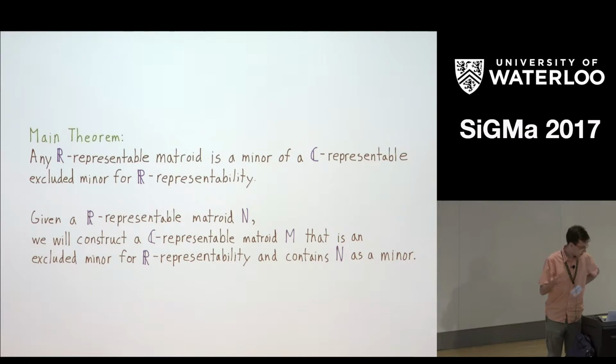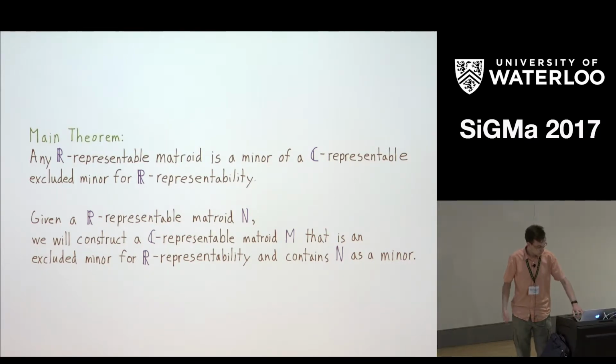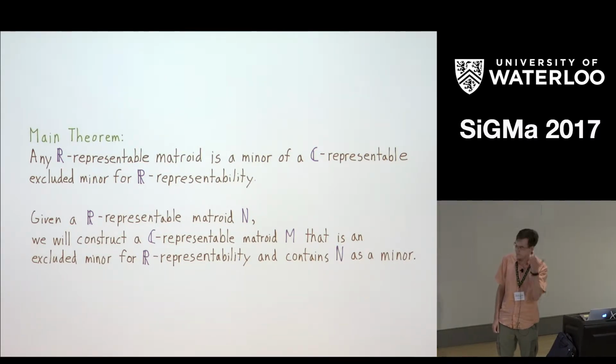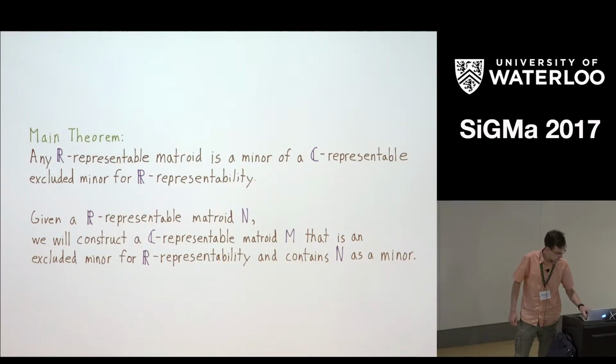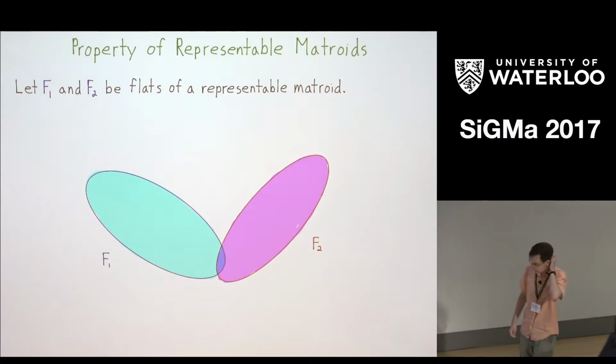And we'll use various operations that preserve representability to construct this from N. We'll also need a property of representability to prove that this matroid will not be real representable, and this is an intersection property.